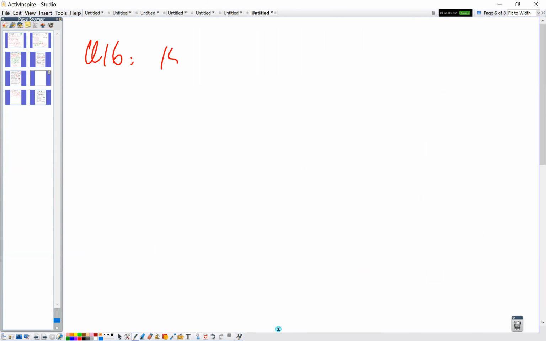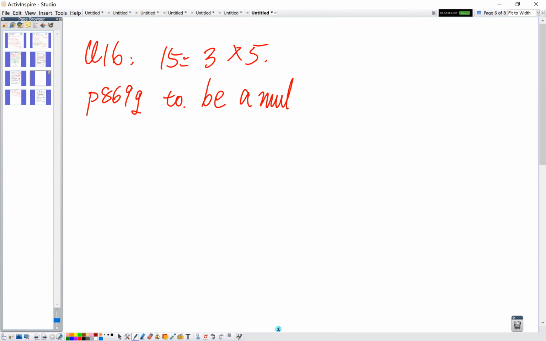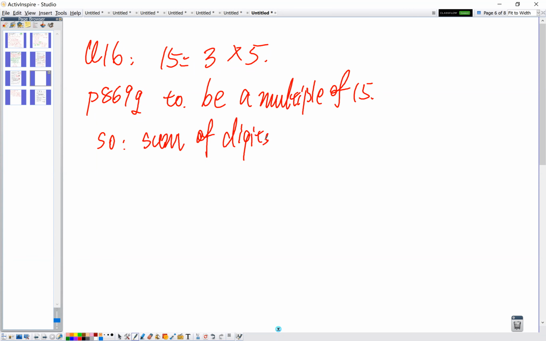Look at this: if I do the prime factor tree of 15, it becomes 3 times 5. So for P869Q to be a multiple of 15, the sum of the digits P plus 8 plus 6 plus 9 plus Q must be a multiple of 3.